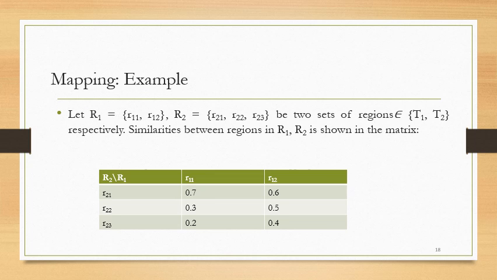For instance, if we have these two regions, which basically means the branches, and the first tree has two branches and the second tree has three branches, we can compare them like this and create a matrix, and this is how we can figure out the values in the range 0 to 1.